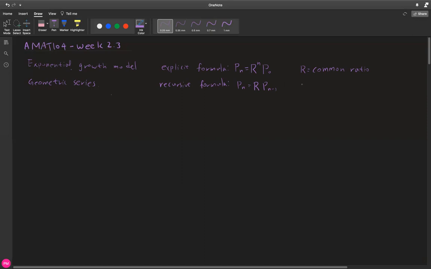The common ratio here is determined by r equals 1 plus little r, where little r is simply y minus x divided by x, where x is the baseline and y denotes the end value.